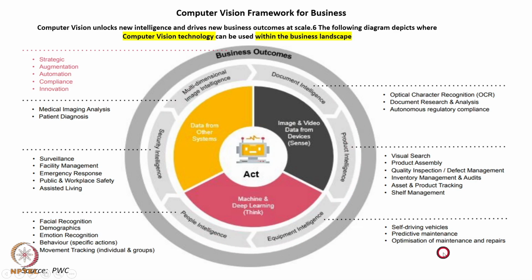So you can see that in the case of equipment intelligence, there are self-driving vehicles. The use of visual AI and computer vision is multifaceted. I will invite you to go through this slide step by step, and you yourself will figure out the use of these technologies in all these kinds of industries and use cases.